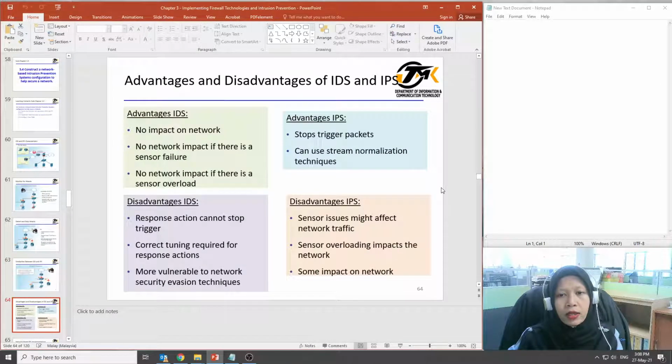This is the advantage and disadvantage of IDS and IPS. So the advantage of IDS is that it should have no impact on the network. Why?